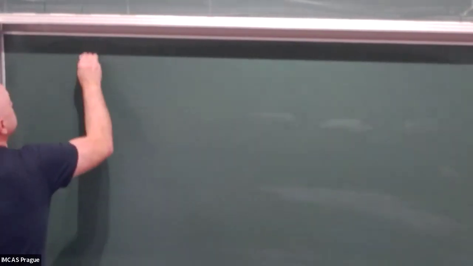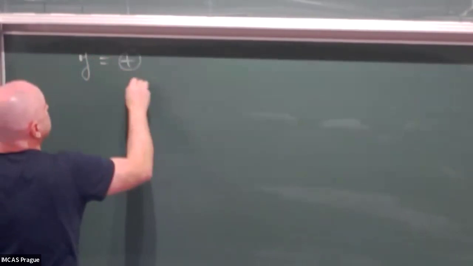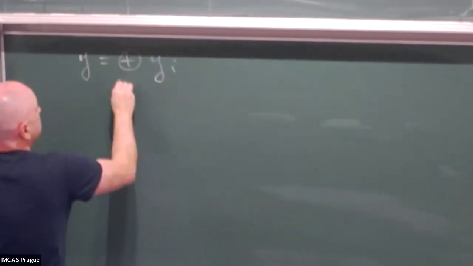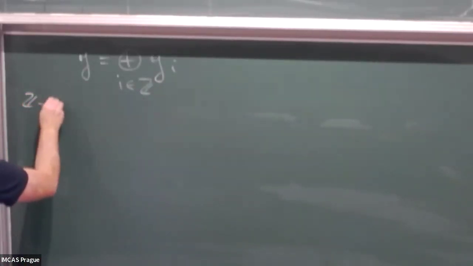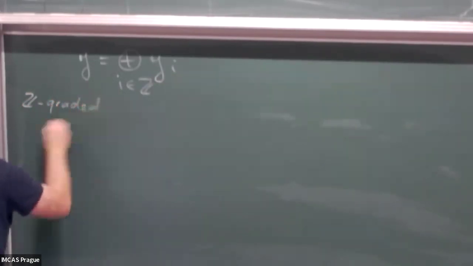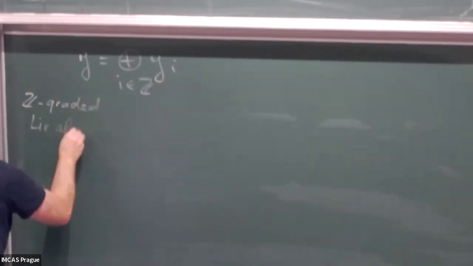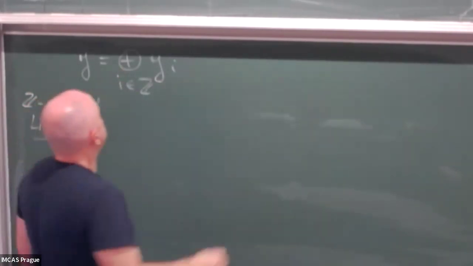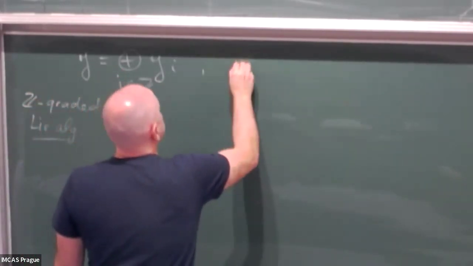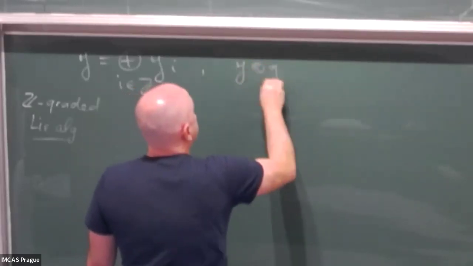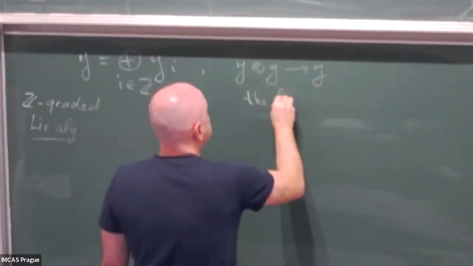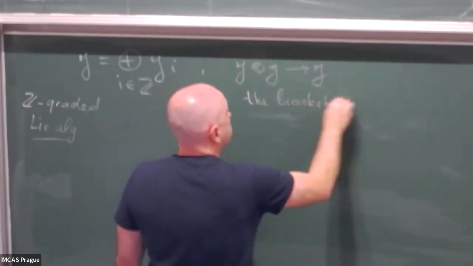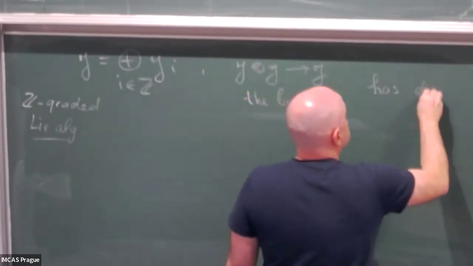G is called Z-graded if G is the sum of G_i parameterized by integers, such that the bracket has degree 0.